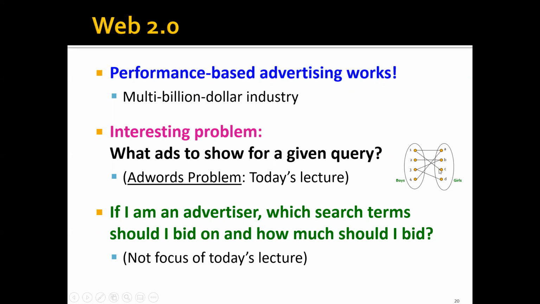Then the problem is, if we're given one query, what ads should we show for this query? This is why this problem is very related to the online bipartite matching problem. Another equally interesting problem is, if I'm an advertiser, what search terms should I bid on, and how much should I bid? This is also a very important problem, but it's not the focus of today's lecture.